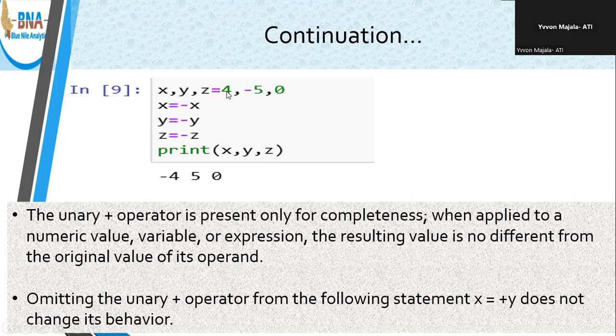But when we see a number like 4 as written here, it shows that that number is positive. We automatically know that the number is positive. Omitting the unary operator from the statement x = +y does not change its behavior. So when you omit the plus, it doesn't mean that now this 4 is negative. No, it's still positive. It's just that you have omitted the positive sign.